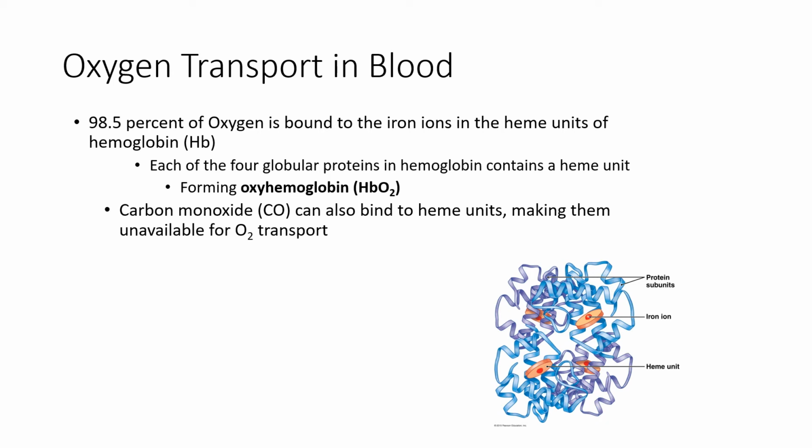Those proteins are our globin, and within them we have our heme. The heme is going to have an iron molecule in the center, which, if you remember, can contain 2 oxygen molecules. So remember, for each iron molecule, you can have 2 oxygen attached.